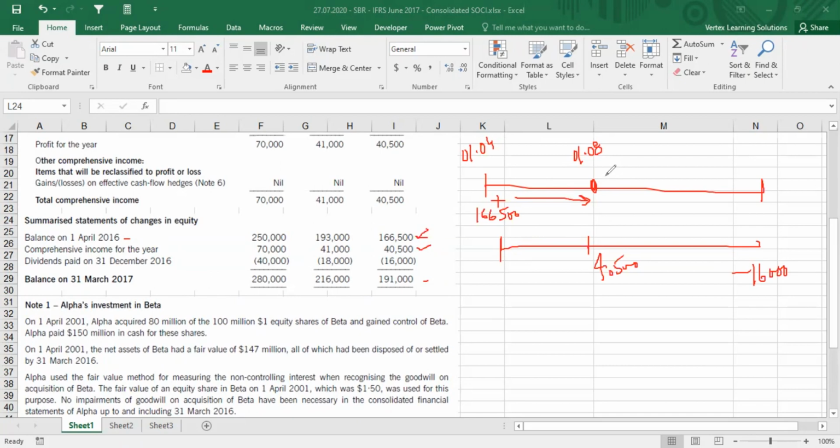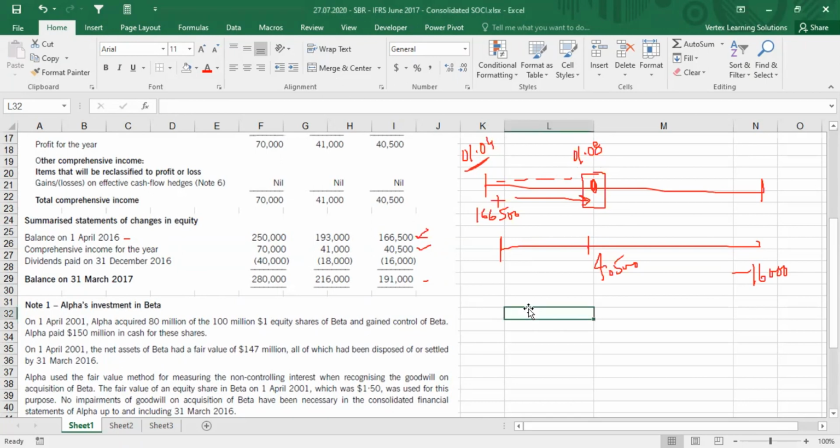If I ask you how much are the net assets on this date, you would say opening net assets on 1st of April, plus any profit made until 1st of August, like April, May, June, July, 4 months profit. 4 months profit we need to find out.